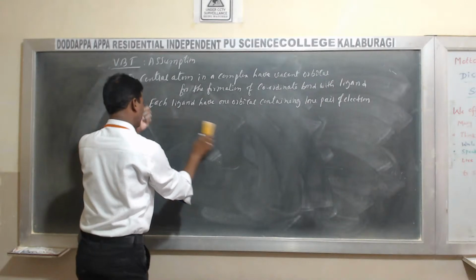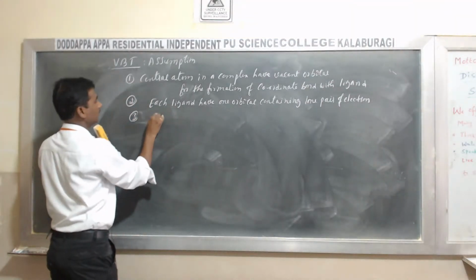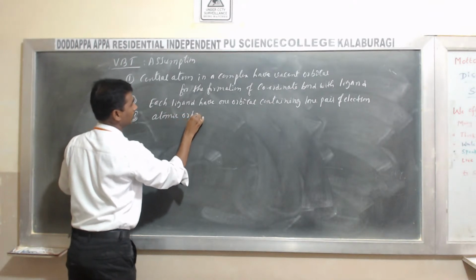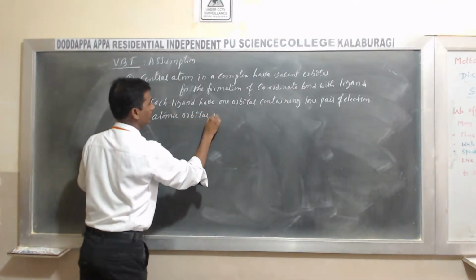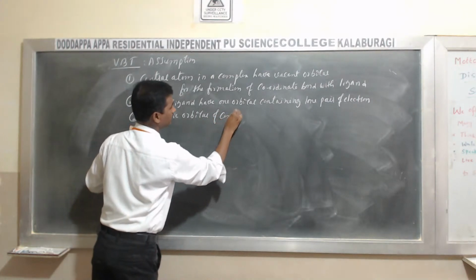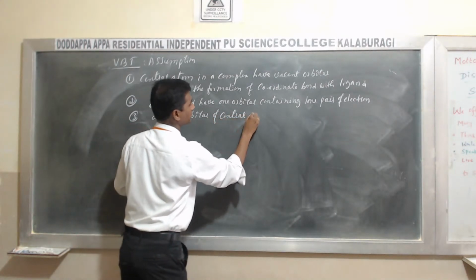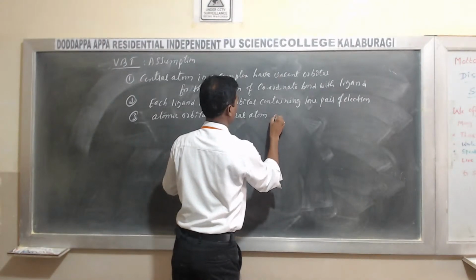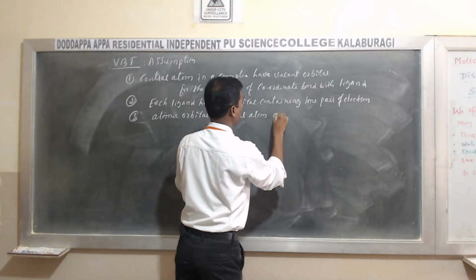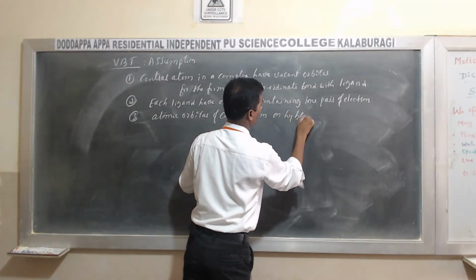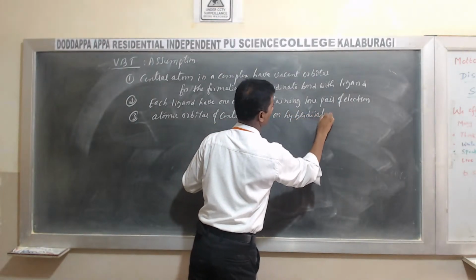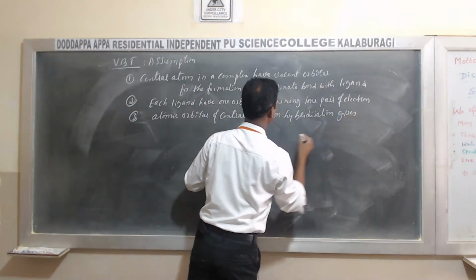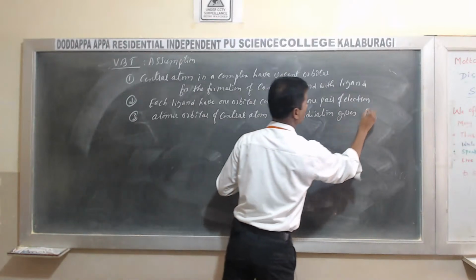Third point: the atomic orbitals of the central atom, on hybridization, give definite geometry.